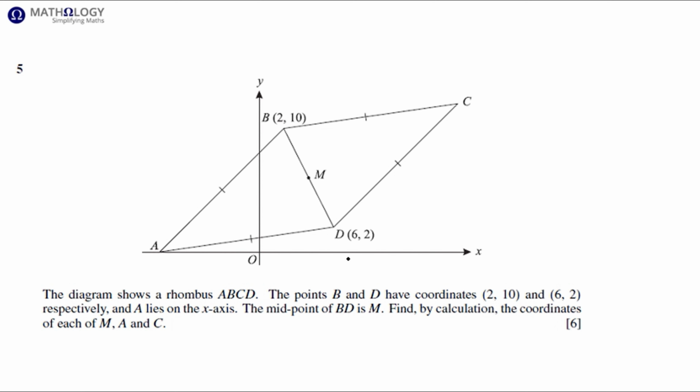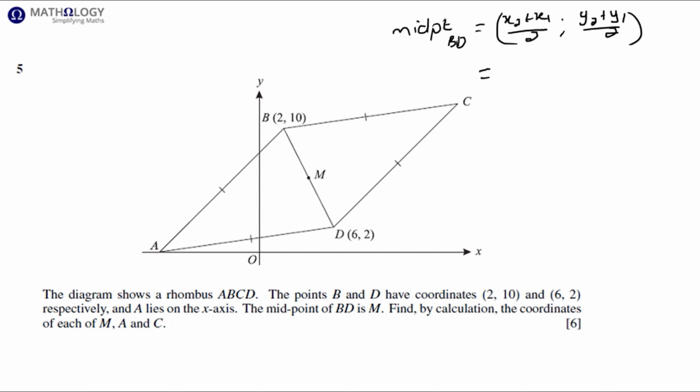Okay, so we're given a rhombus ABCD. We're required to find the coordinates of points M, A, and C. Let's start with point M. M is the midpoint of diagonal BD, so that's pretty straightforward. To determine the midpoint of BD, we use the midpoint formula: x2 plus x1 over 2, y2 plus y1 over 2.